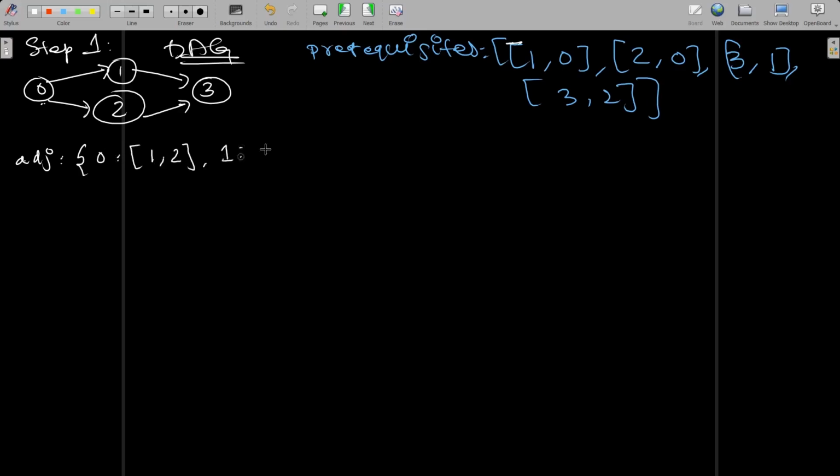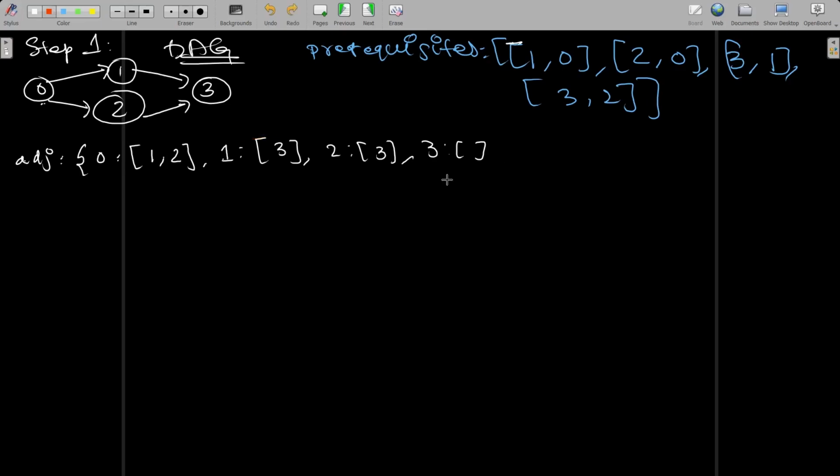Our 1 is going to have 3, 2 is going to have 3, and 3 is going to have nothing. Now we have represented it as an adjacency list, which in terms of code gives us the structure. So step one is done.